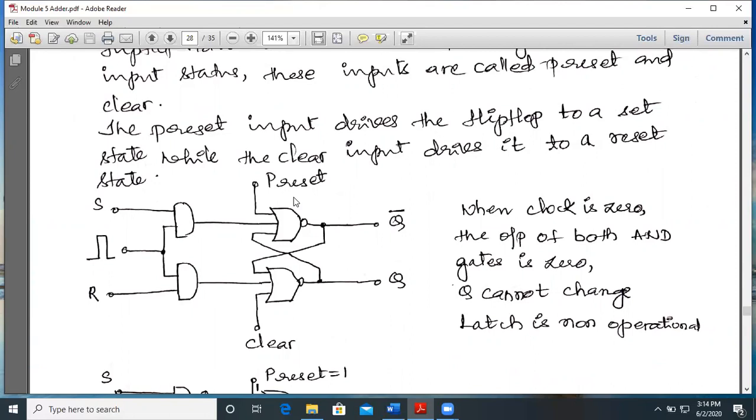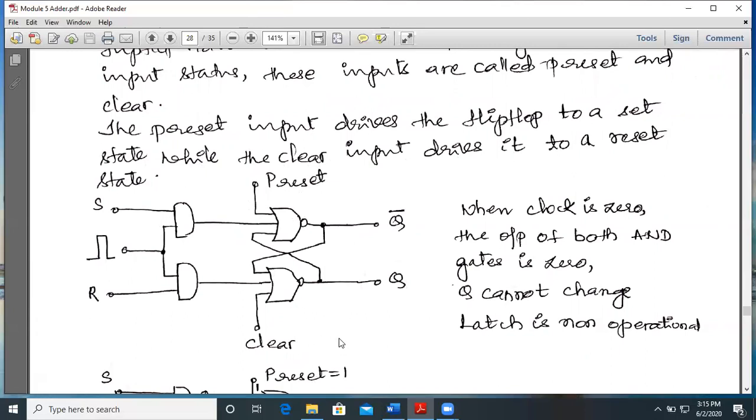Preset is one input that will drive the flip-flop to the set state. We already know the meaning of the set state for an SR flip-flop: if we are getting Q equal to 1, we say it is the set state for the flip-flop. So the input that gives us the set state is called preset.